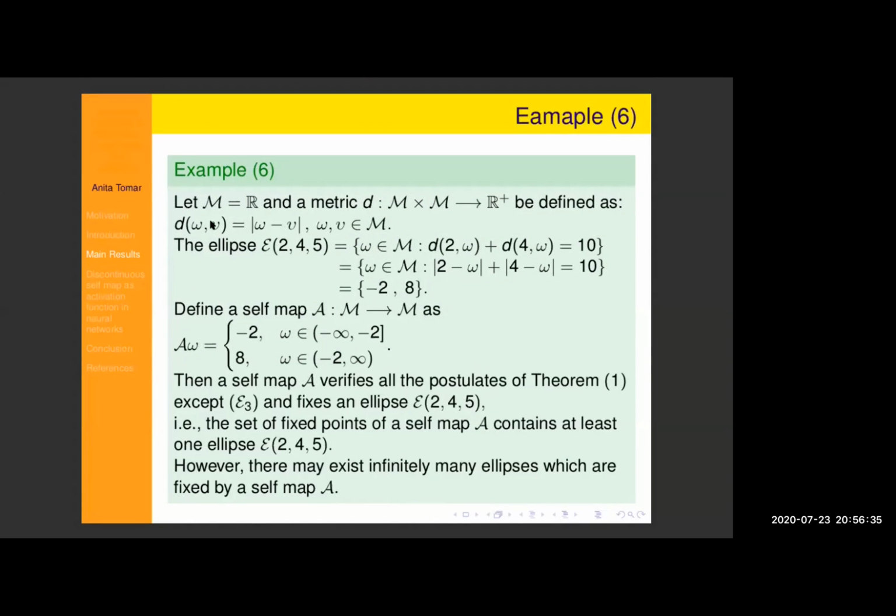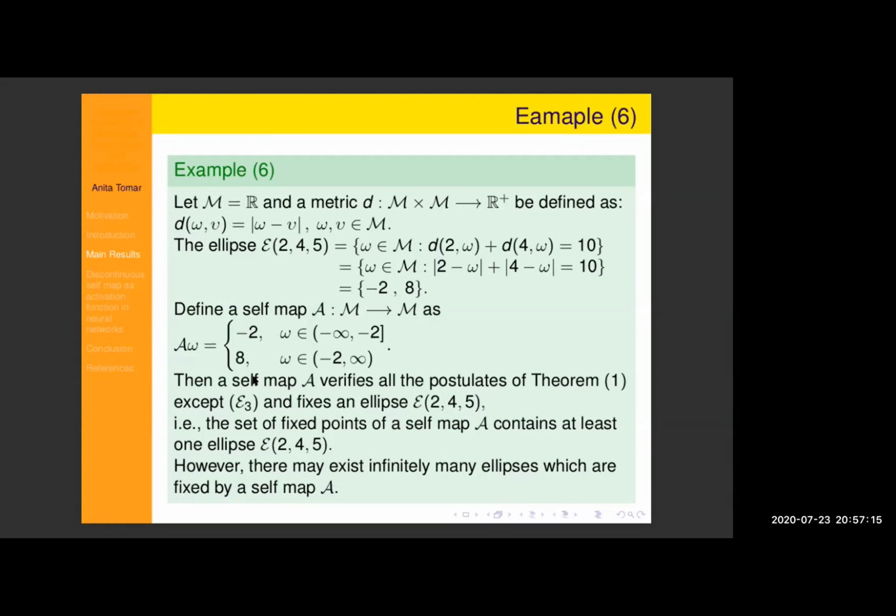If we take the metric as the usual metric and the ellipse is defined like this, where 2 and 4 are the foci and 5 is the length of the major axis, then in this case the ellipse is nothing but the set of points [-2, 8]. And if the self map is defined as -2 for all the points W between minus infinity and 2, closed at 2, and 8 for W belonging to (-2, infinity), then one may observe that A verifies all the postulates of theorem 1 except the third. The third condition is necessary for the existence of a unique ellipse.